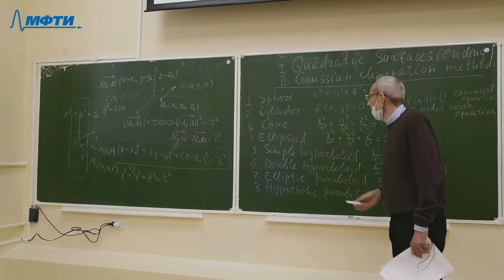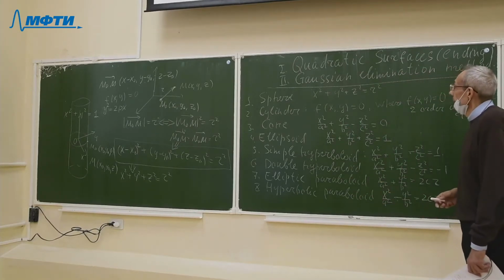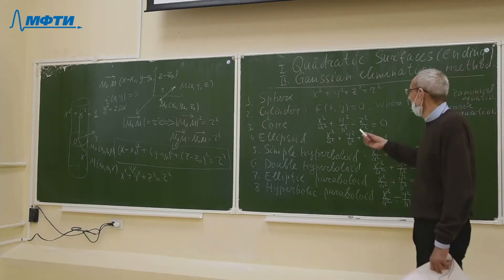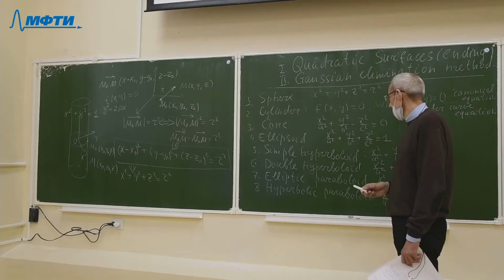In this case, we have in general position three examples of the cylinder: elliptic, parabolic, and hyperbolic cylinders.